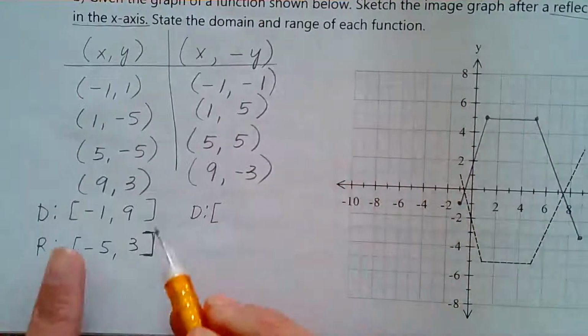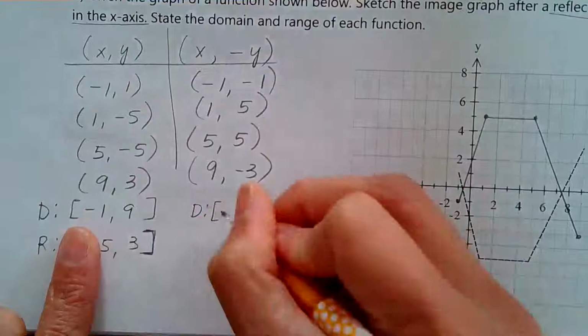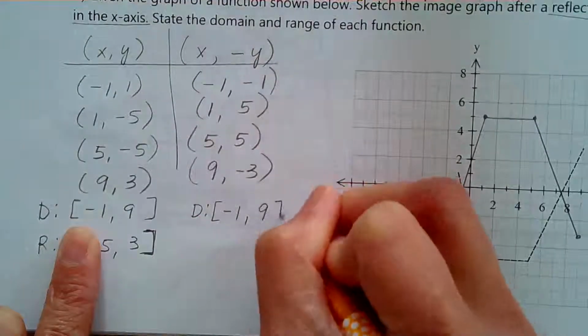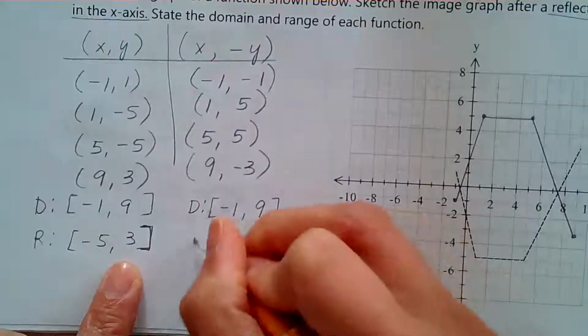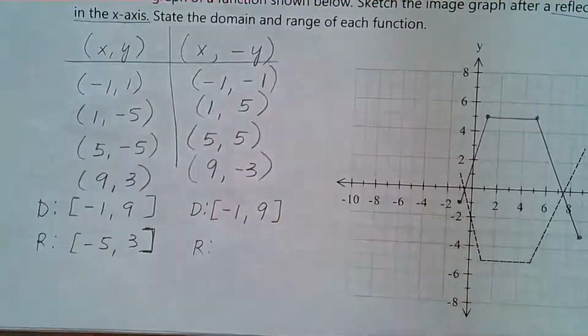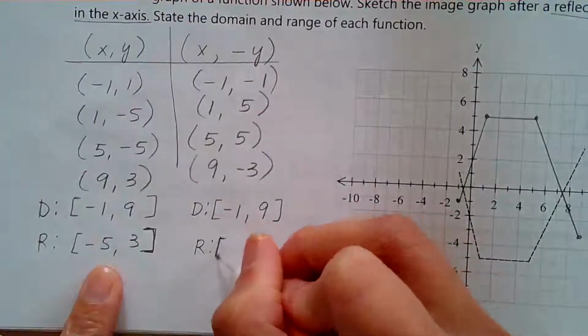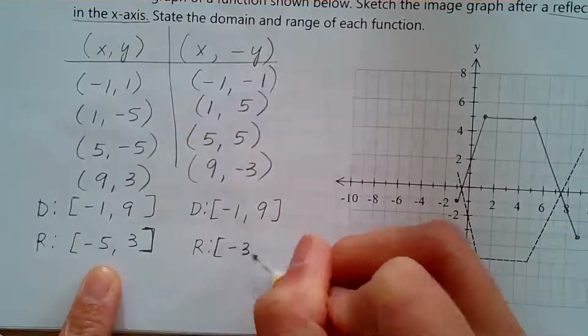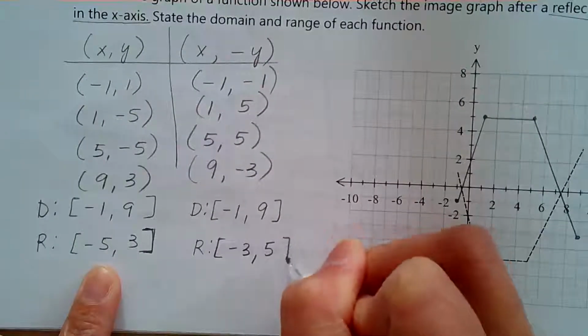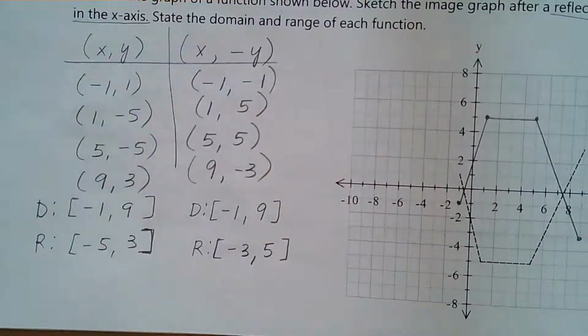So now the domain stays the same. It's -1 to 9, but for the range, every y coordinate is multiplied by -1. So now it's going to be -3 to 5. Makes sense?